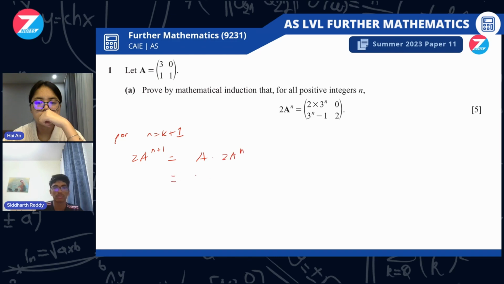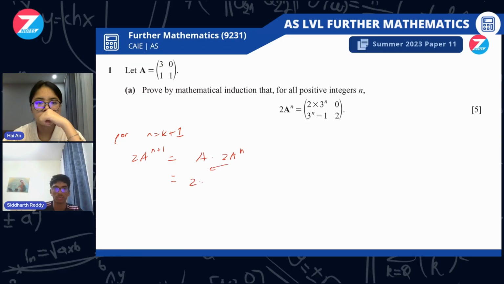So this is equal to (3, 0; 1, 1) times, actually, when multiplying matrices, this goes on the right. So I'll write this here.